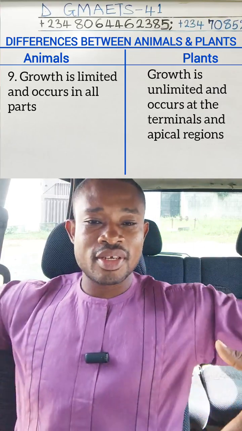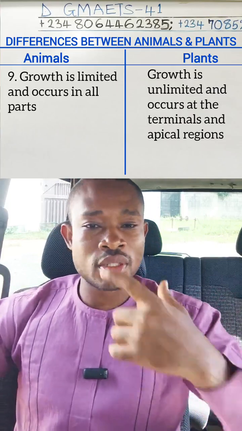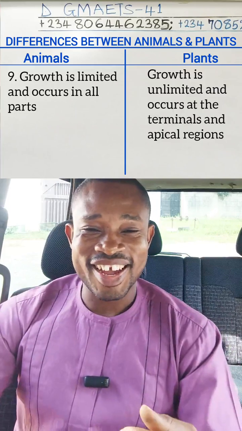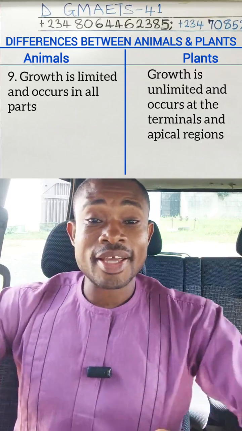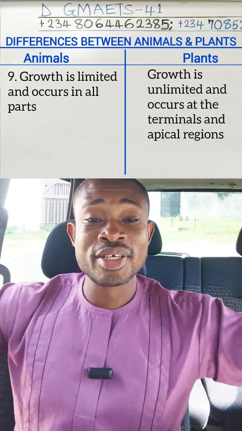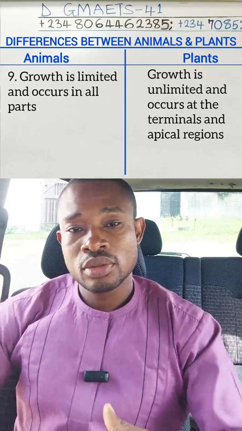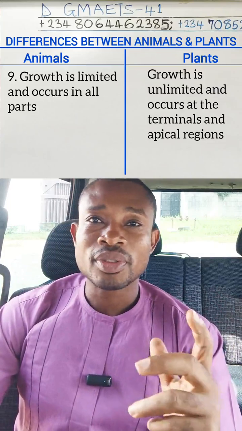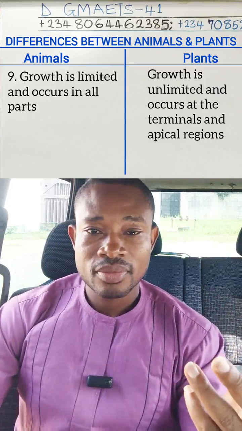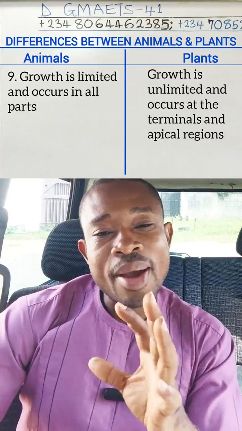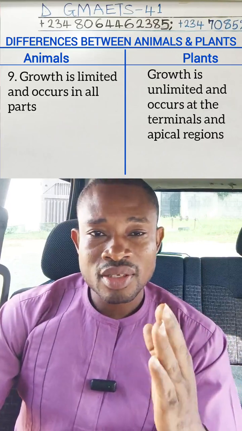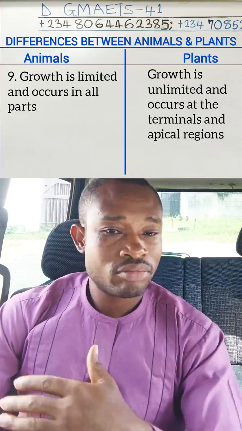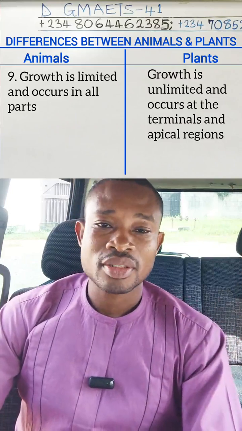Maybe you talk about increasing in size, like someone being fat, right? There is an extent as the person continues to increase in size, in width, it becomes abnormal. Some people even die from it. So that is an abnormal form of growth, telling us that growth in animals is limited, but in plants, it is not limited.